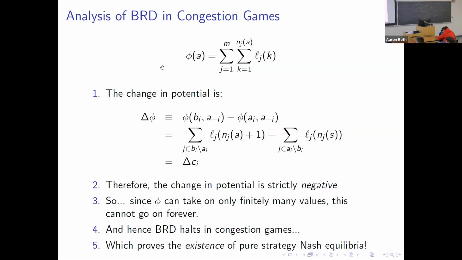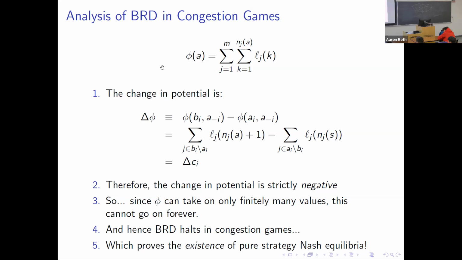You move onto a road that I'm taking now, and it takes me longer to drive to work. So when you make a better response move, your cost decreases, but mine goes up. If we were just paying attention to individual player costs, that wouldn't rule out the kind of cycling we're worried about. We need a single consistent measure that goes down at every step to rule out cycles.